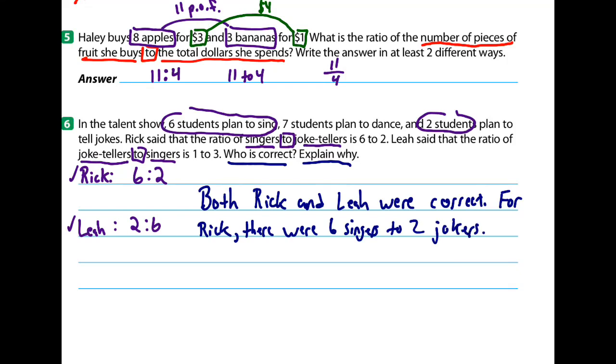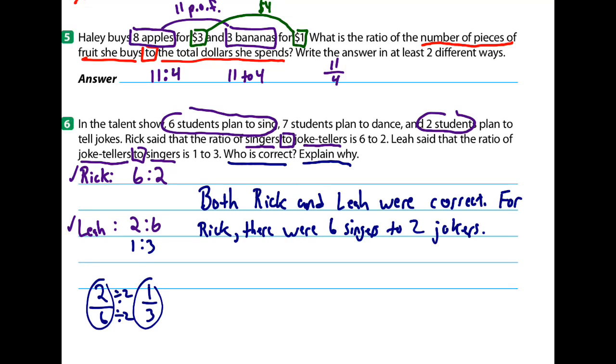Okay. But for Leah, here's what was different about hers. Remember, Leah said 1 to 3, which is correct. That's just a reduced ratio. You can reduce it. If you can imagine the fraction 2/6, divide by 2, you get the fraction 1/3. These are called equivalent ratios.